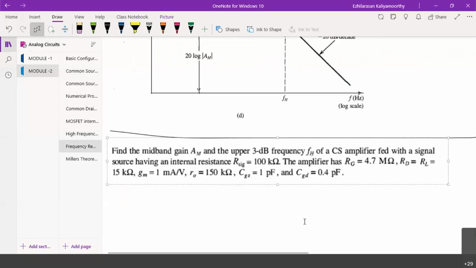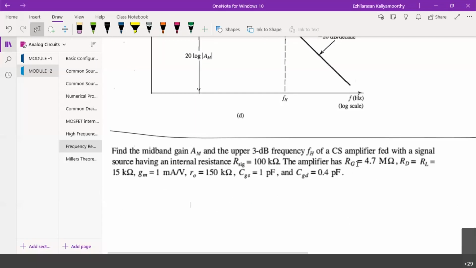Now you have to find the mid gain, that is AM, and the upper 3 dB frequency, that is FH, of a CS amplifier fed with a signal source having an internal resistance Rsig equal to 100 kilo ohm.